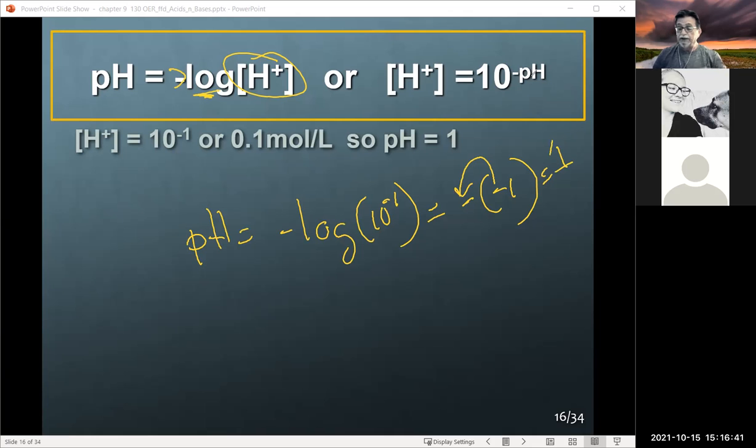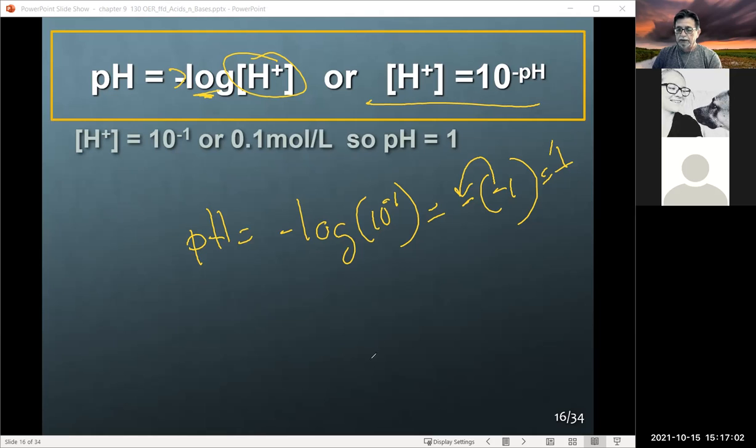So pH will always be, at least in Chem 130, a positive number. If you want to revert back to the concentration, you can take that pH, put a negative in front of it, and take 10 to whatever pH power it is, and that gives you the concentration.